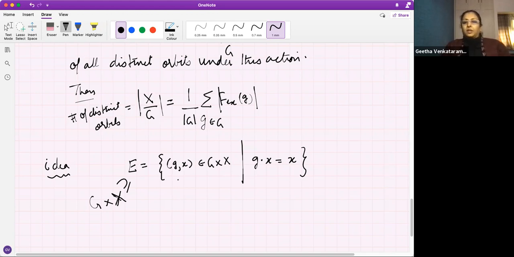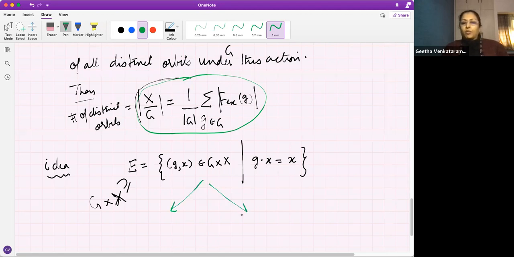And the way in which you get this result is just by counting the order of E in two different ways.